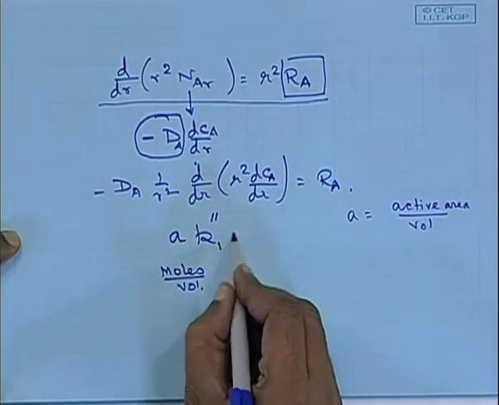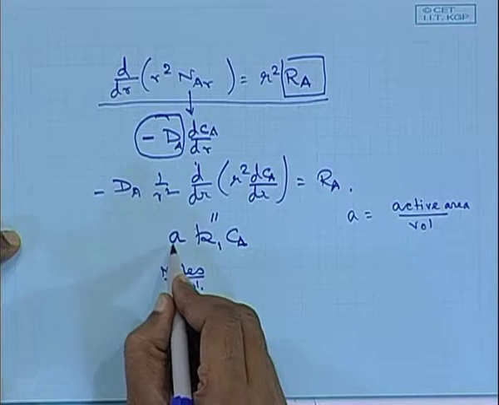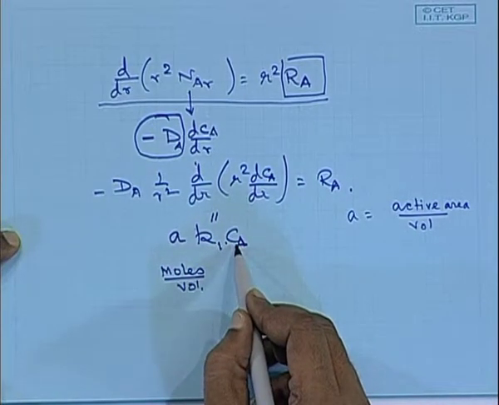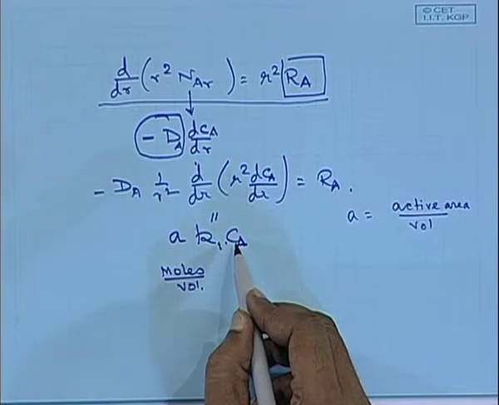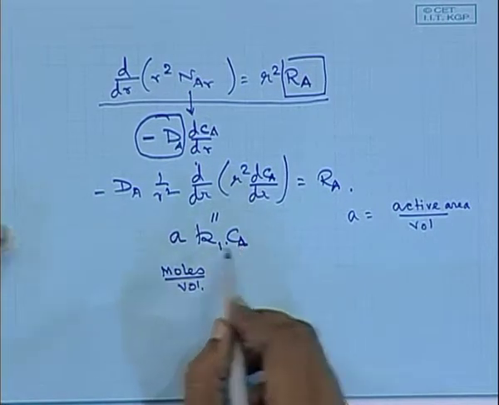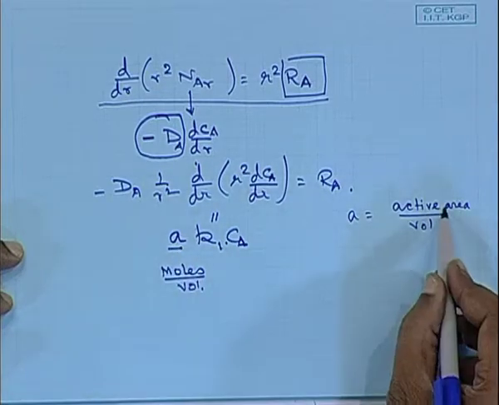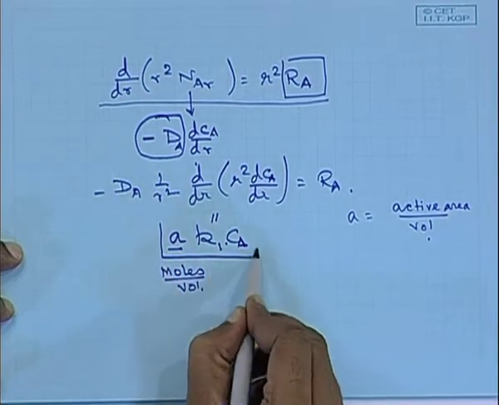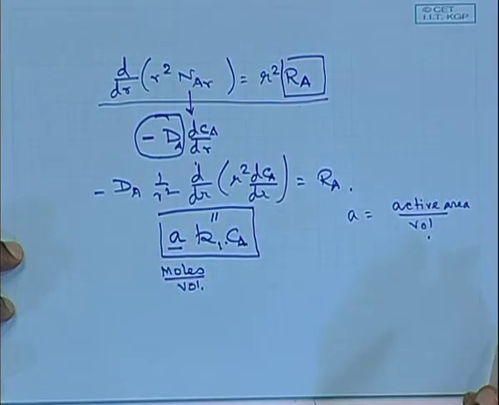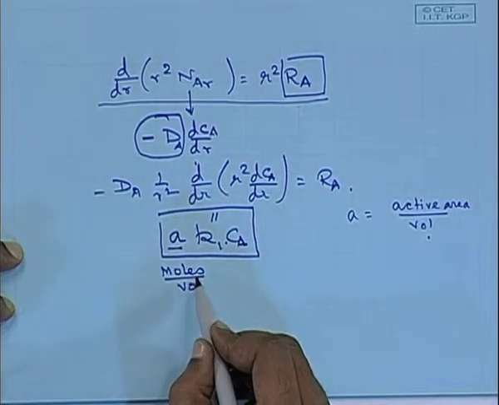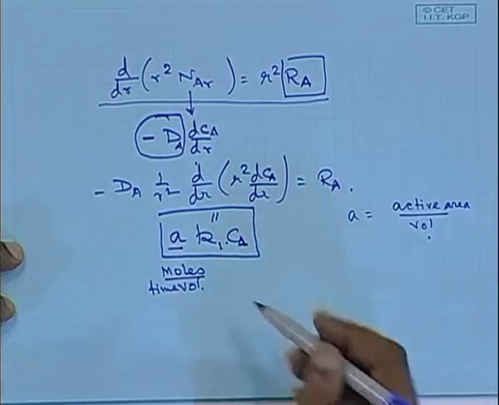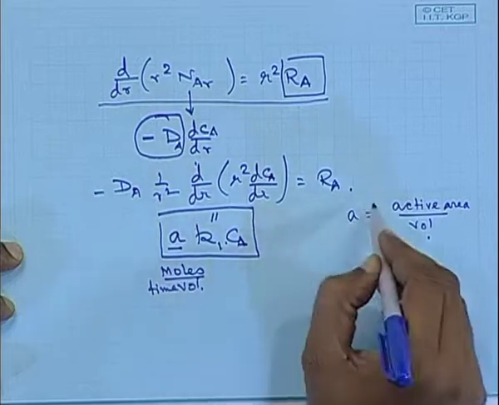So, it is K1 double prime CA multiplied by A. When I say K1 double prime CA, it is moles per unit time per unit area. I multiply that with A, which is area per unit volume. So, by introducing a factor A into this expression, I make it moles per unit time per unit volume, okay, and only then this reaction is right.